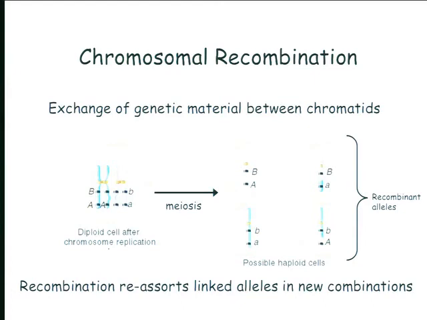And this other gamete has inherited most of the blue chromosome and this little part of the purple chromosome. And that's now changed the combination of alleles. Instead of big A going with big B, you have little a going with big B, and big A going with little b, right? So recombination reassorts even alleles that are linked together physically into new combinations.